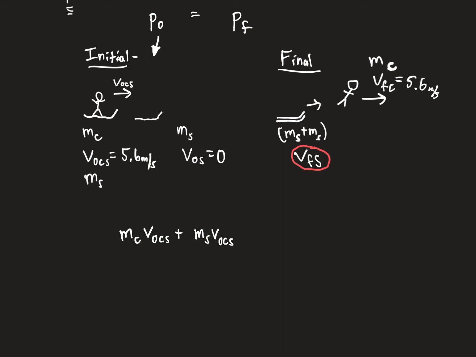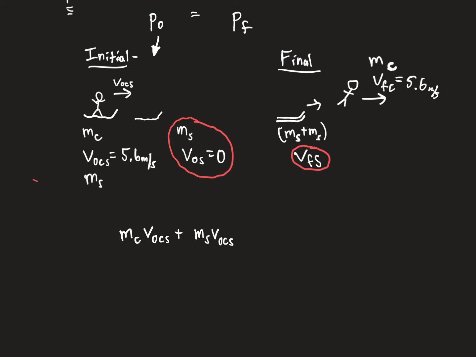So I have MC times Vox plus MS times Vox. So that's my initial momentum. I don't need to include the momentum of just the sled. Why don't I need to include this? It'll become 0 because the velocity is 0. So it has no contribution to the overall momentum.